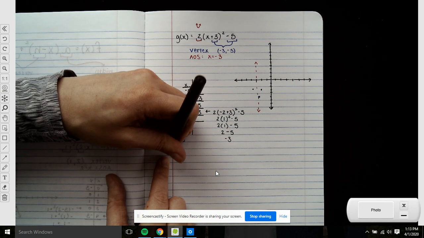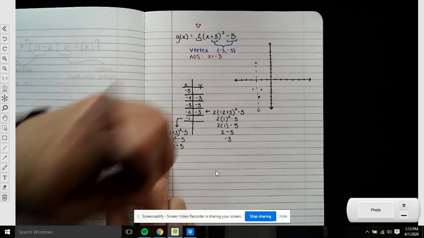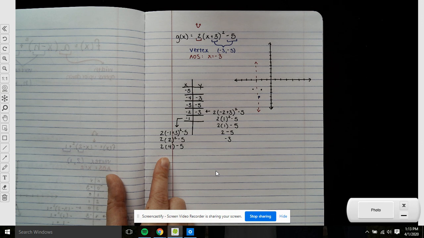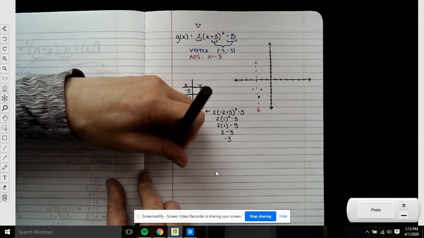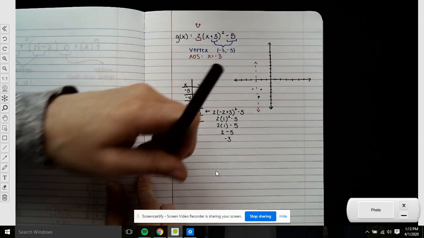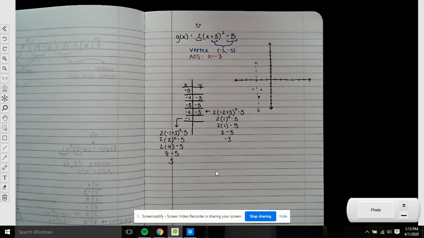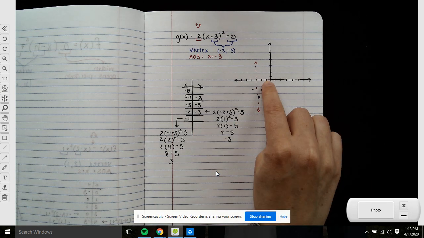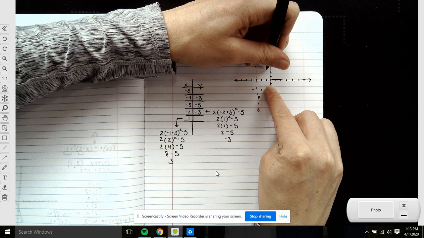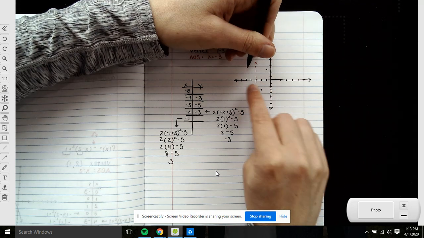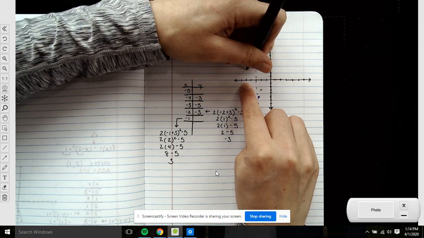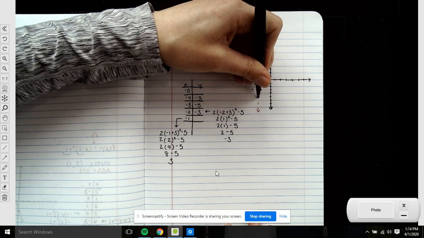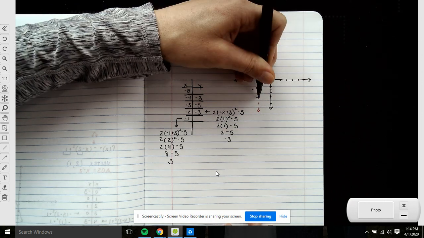So 2 times 4 minus 5. And then I've got 8 minus 5, which is going to give me 3. So I've got negative 1 comma 3, and negative 5 comma 3 as well. And then I'm just going to make my nice little parabola.